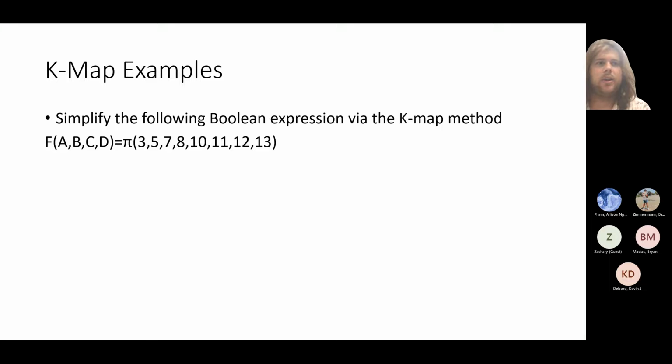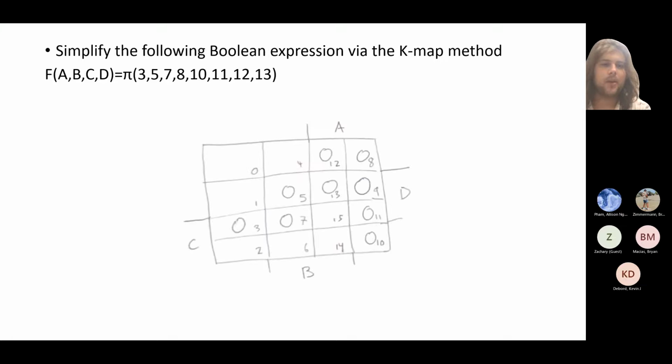It's very intuitive when you're working with a sum of products, but it's often unintuitive with a product of sums. So the first step is to fill in all of the zeros when you're working with a product of sums. You have a 3, 5, 7. This is the same for any table. If you're using Dr. Basu's table, it's just going to be rotated 90 degrees. This is the table that I always do.